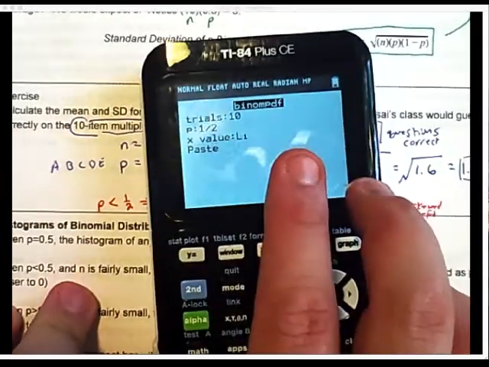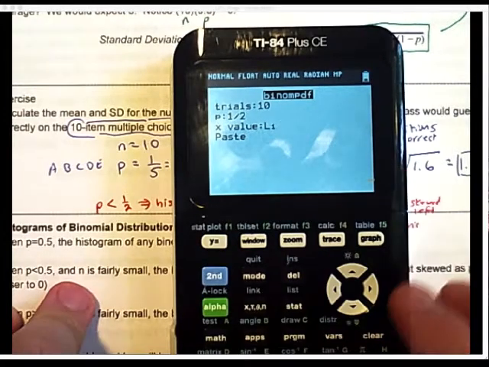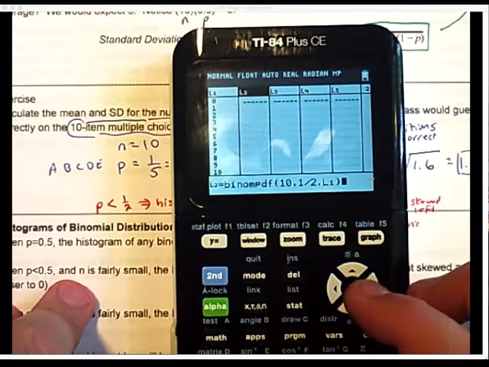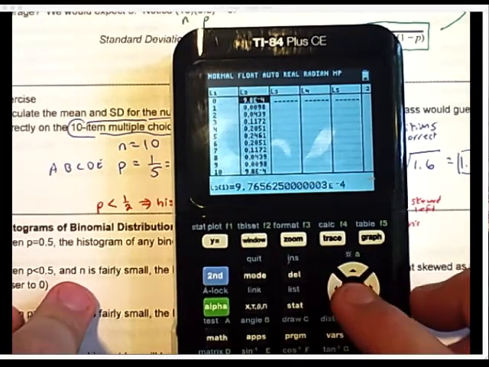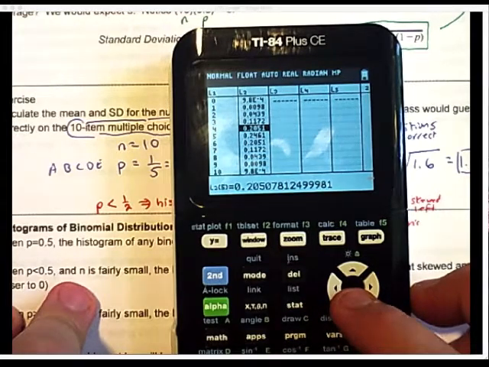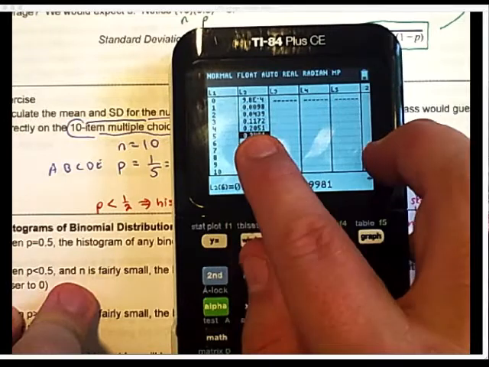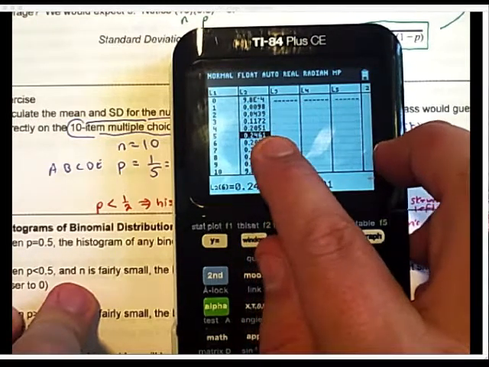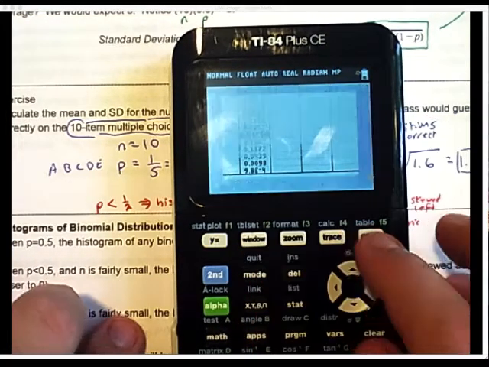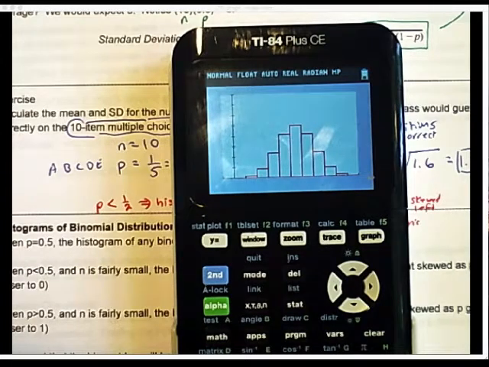Say it was a true-false test. All right. And look at the numbers now. Okay. Now, the probability of 5 is the biggest because that's the mean. And if I looked at that graph, go ahead and look at that histogram. It's perfectly symmetric.